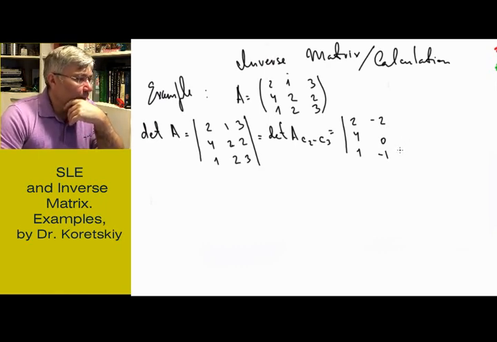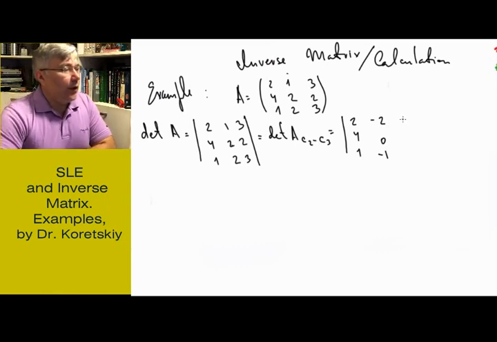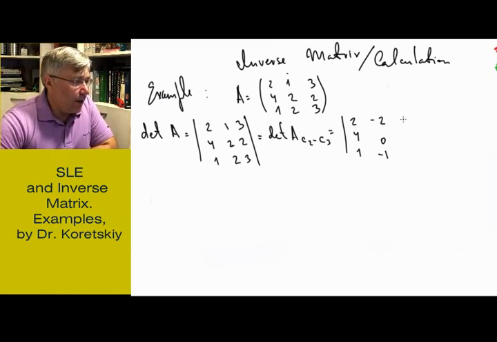And we have here 3, 2, 3. Okay, now I can see that we have 2, minus 2, minus 1 and minus 1.